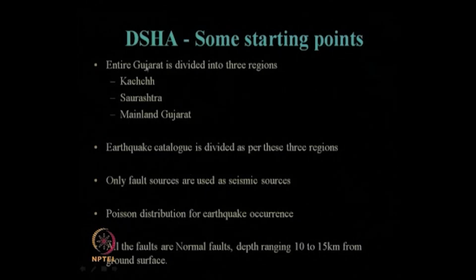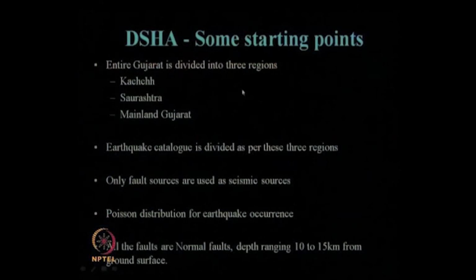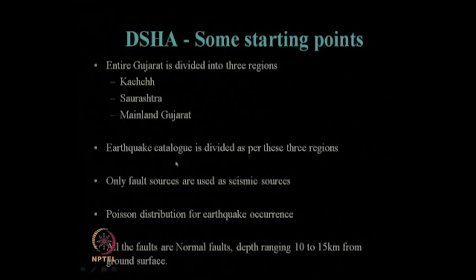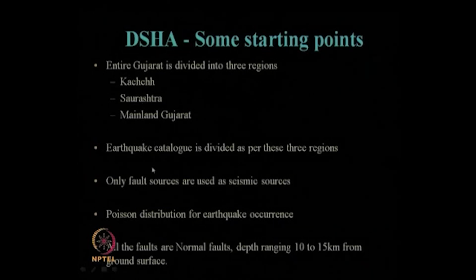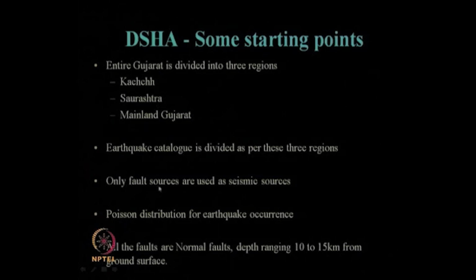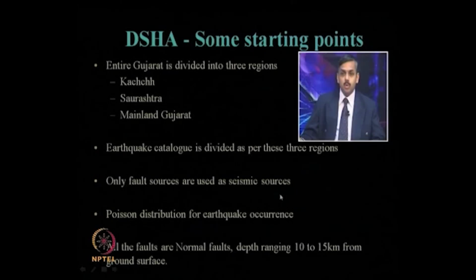Now, to start with the deterministic seismic hazard analysis, we had mentioned that we have to make certain assumptions to start with this analysis. What are the salient features we considered? Let us see. Like entire Gujarat, we divided it into 3 regions, as we have already mentioned. So, the earthquake catalog is also subdivided among these 3 regions based on the collected data set, and only the fault sources are considered as the seismic source, and Poisson's distribution for the earthquake occurrence is taken care of.